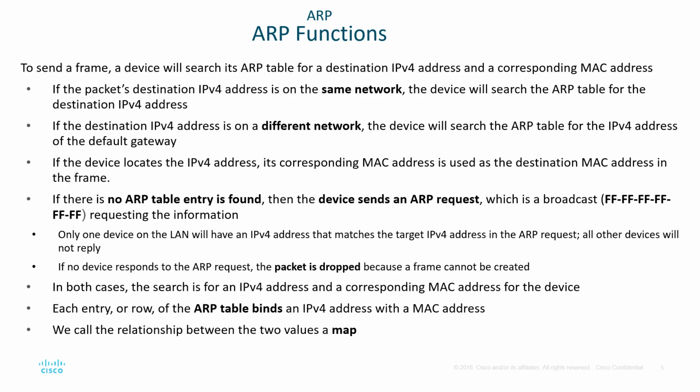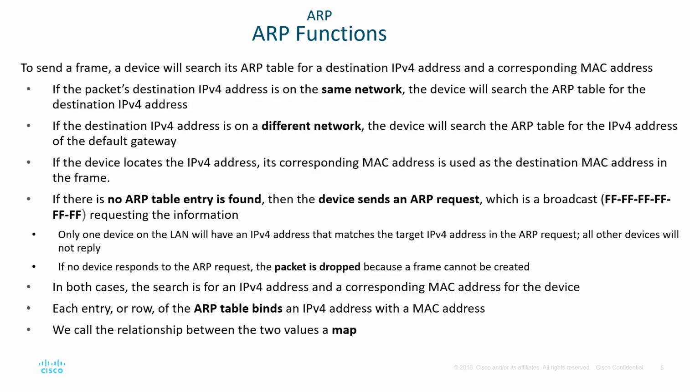Only one device on the LAN will have an IPv4 address that will match the target IP address in the ARP request. All of the devices will not reply. So if no device does respond to the ARP request, meaning I can't bind this to any MAC address, then two things happen. Encapsulation cannot continue and be complete, and therefore the packet is dropped.